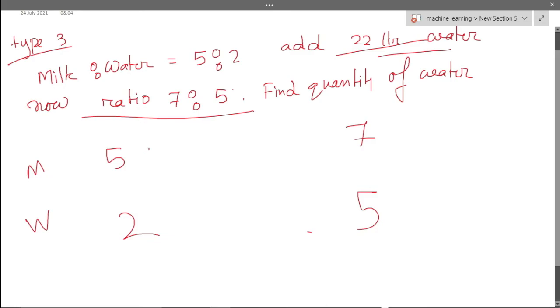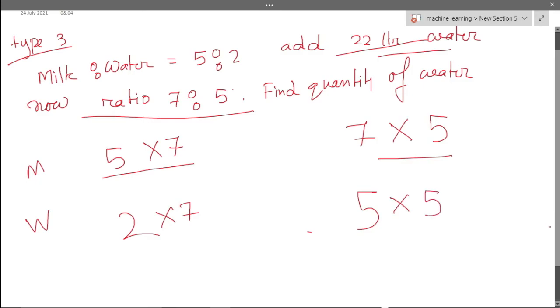we have to multiply here by 7 and here by 5. If we multiply here with 7, we have to multiply here with 7 also, and here multiply with 5.